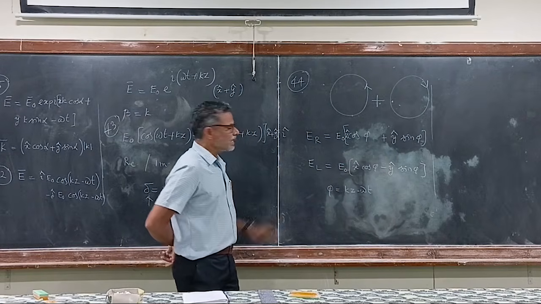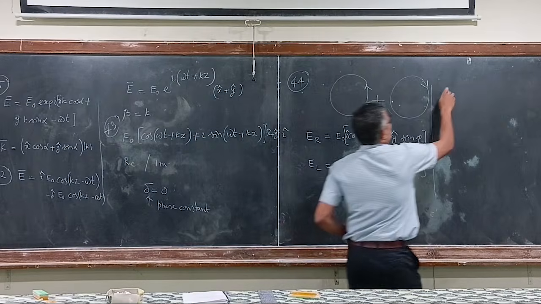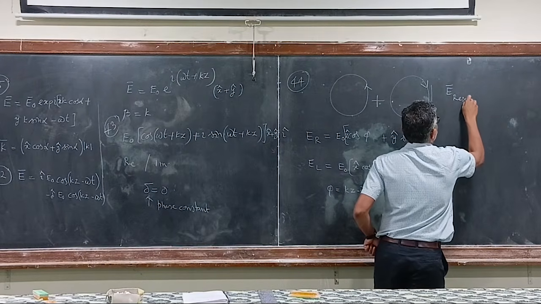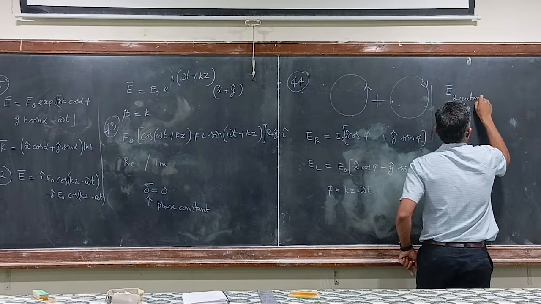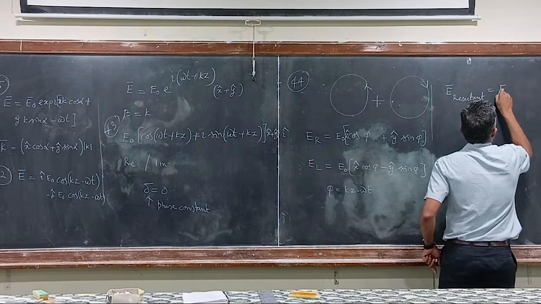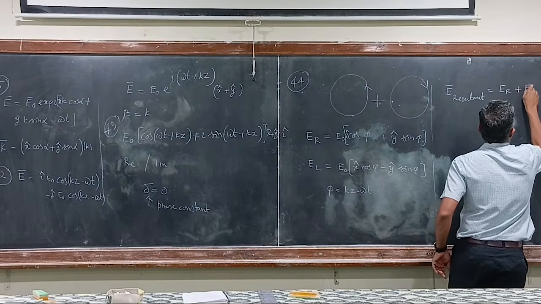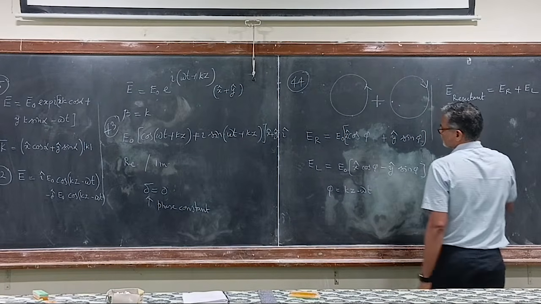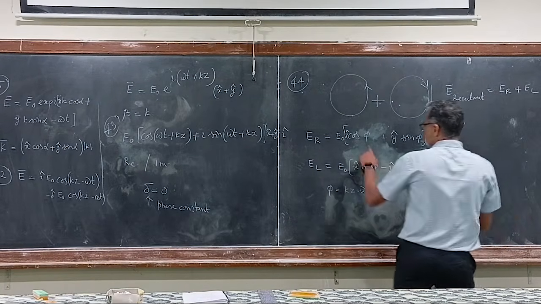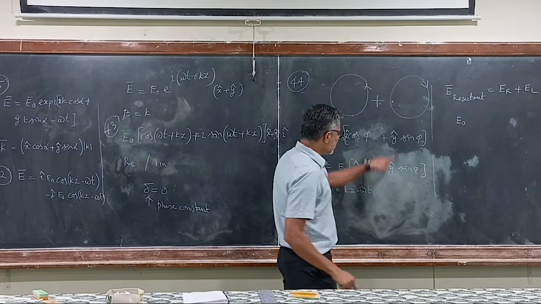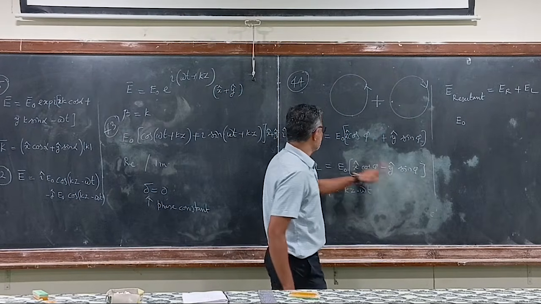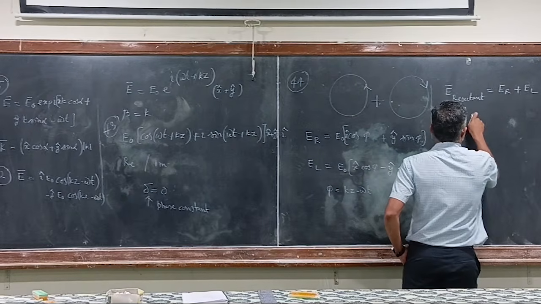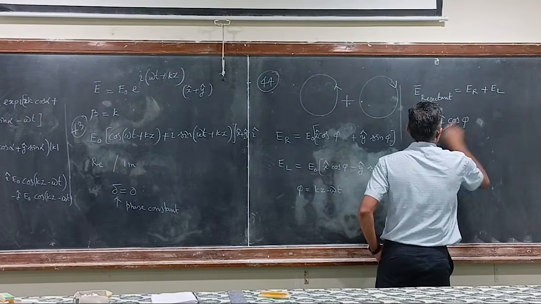Now if I add these two, the resultant E is ER plus EL. So what do you get if you do this sum? Your y component gets cancelled out. Now it is twice E0 x cap cos phi.